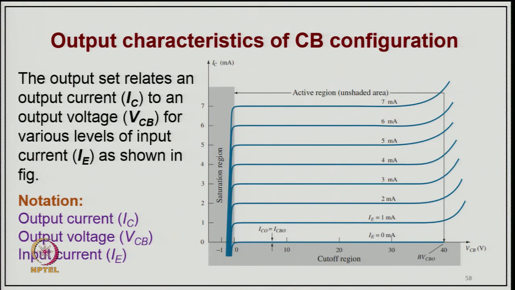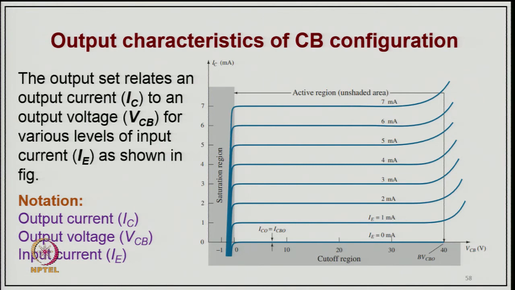These are the different emitter currents and how the characteristic is modified. This is the cutoff region, this is saturation, and this is the amplification or active region. If you want to operate only in saturation and cutoff, you apply different emitter currents and it goes into this region; otherwise it goes into this region, with different amounts of amplification.